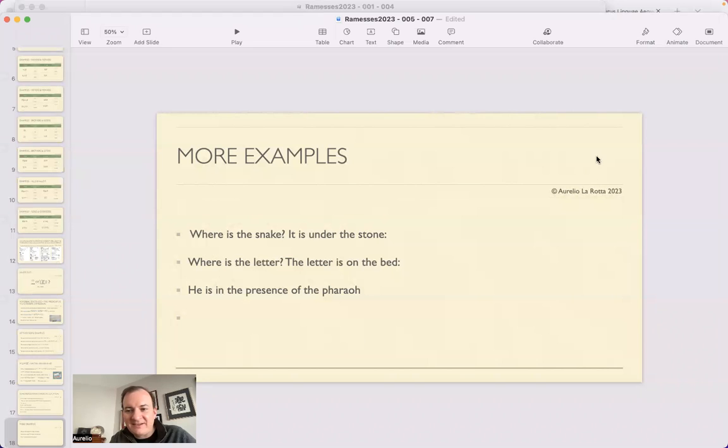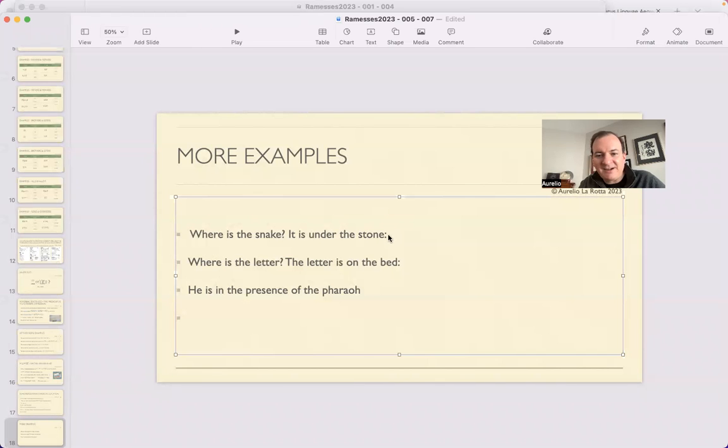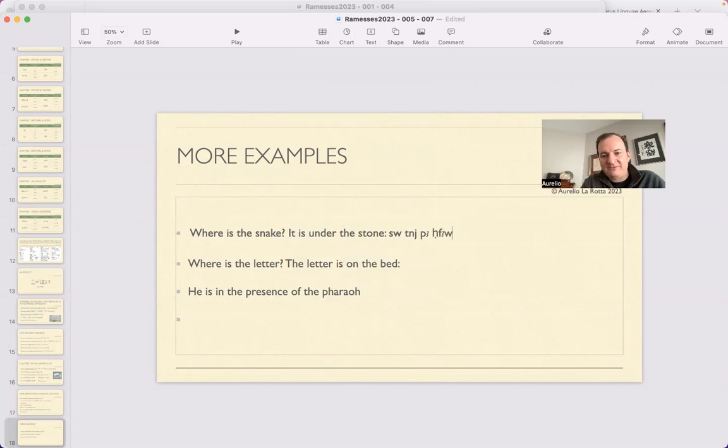Any volunteers? If nobody else wants it, I'll take it. All right. Souteni pa Khafau. That was 100% correct, I believe. Souteni pa Khafau. Perfect. And how would you answer it?